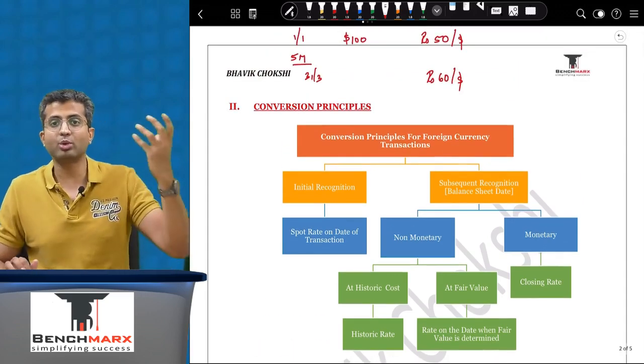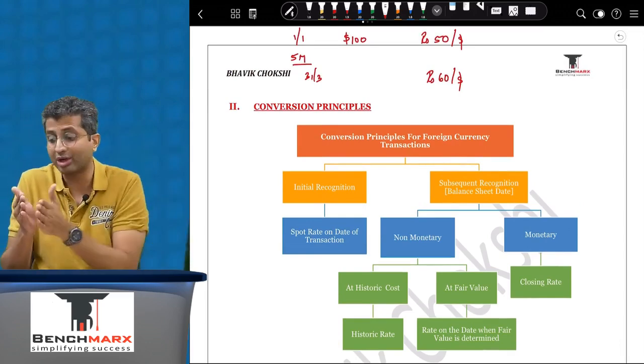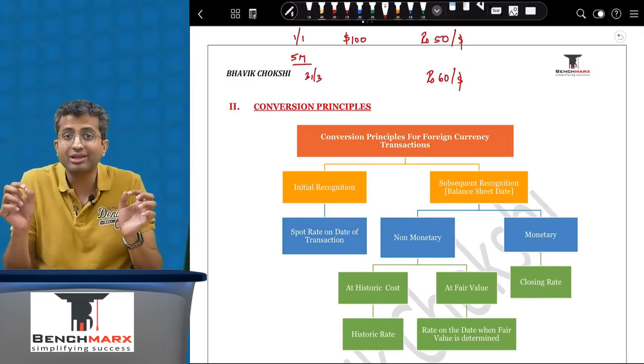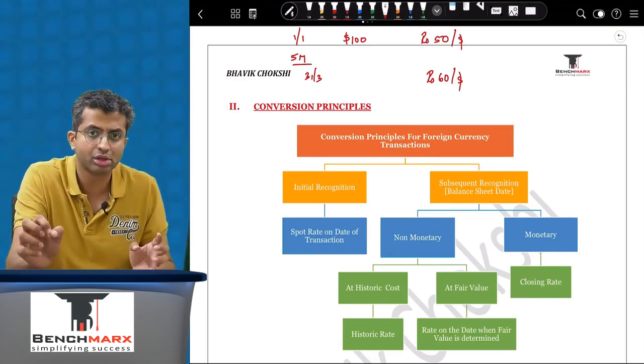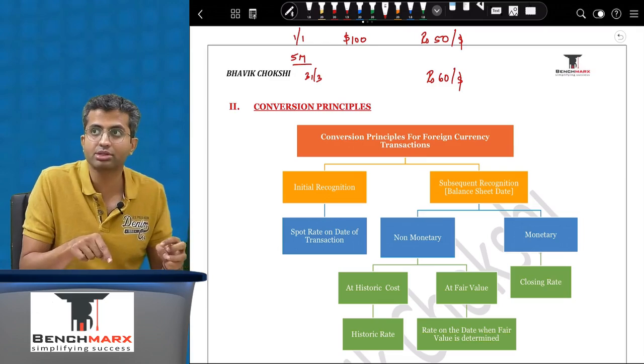So for example, the land was $100, let us say, and at the balance sheet date you were following the revaluation model and you remeasured the land to $150. Now this $150 is a value on 31st March. So ideally the exchange rate should also be the rate on 31st March.